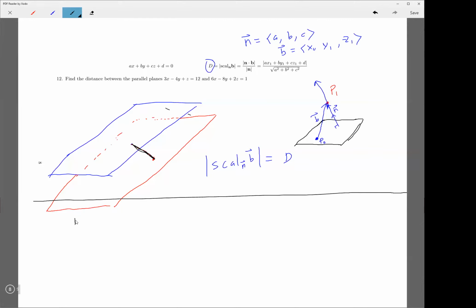And we already know the normal vector is 3, negative 4, 1. And if we come here, then it's 6, negative 8, 2, which is a multiple of this. So just use this one as the normal vector. Now we'll get a P0 from there, and we'll get a P1 from here.